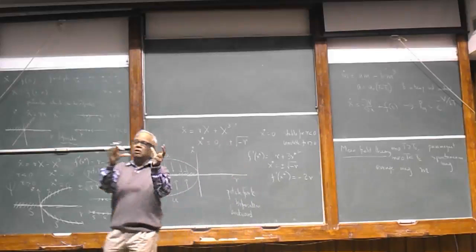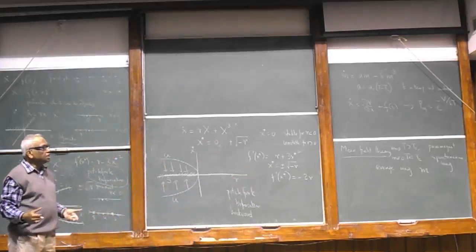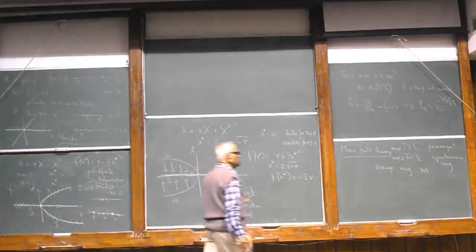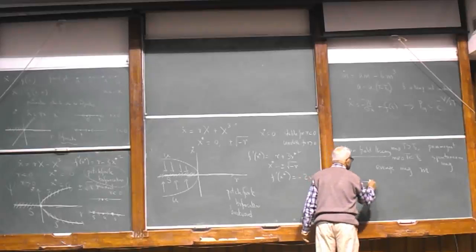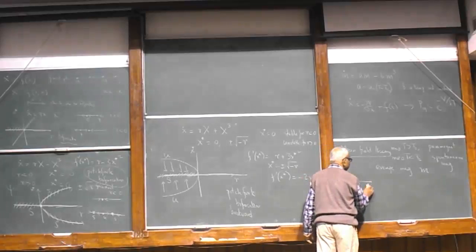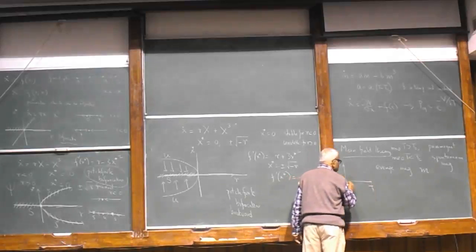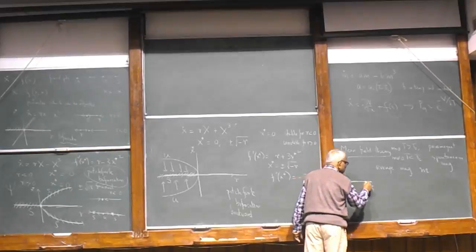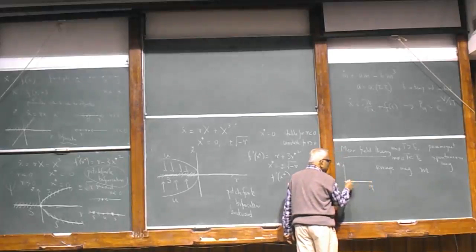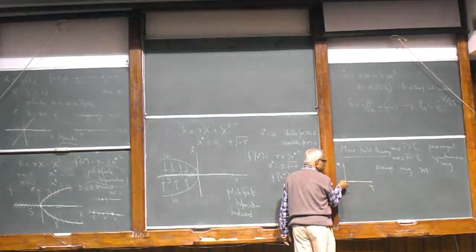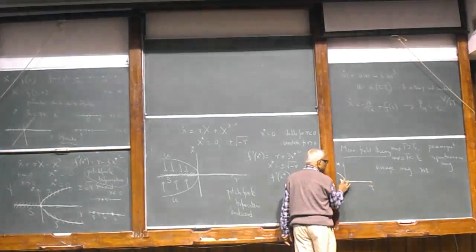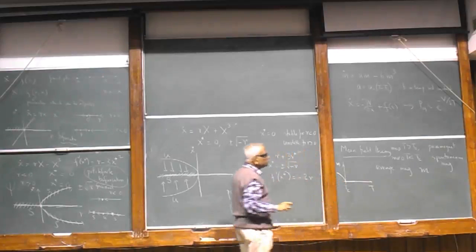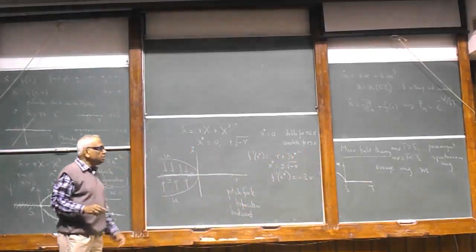So that's the picture of a second order phase transition, where continuously as I change the temperature, if you look at this m as a function of temperature, and this is your Tc, it remains 0 for T greater than Tc, and then rises continuously from 0 at T equal to Tc.